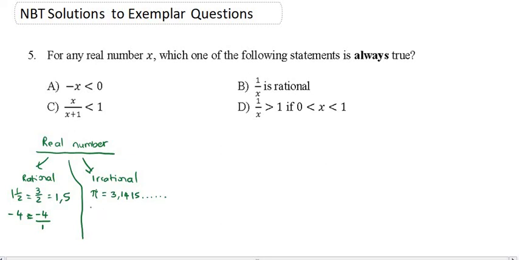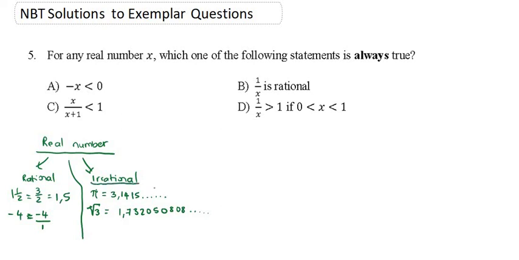And numbers like, for example, the square root of 3, which is something like 1.73205, goes on forever. It does not repeat, and there's no pattern. So that's why it is known as irrational. Basically that's the theory you need to know behind this question.